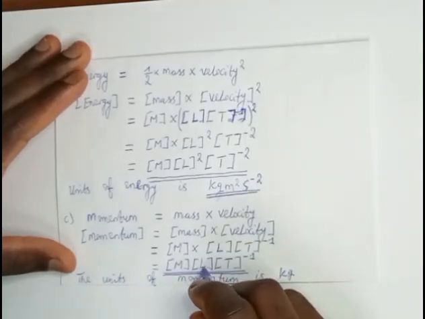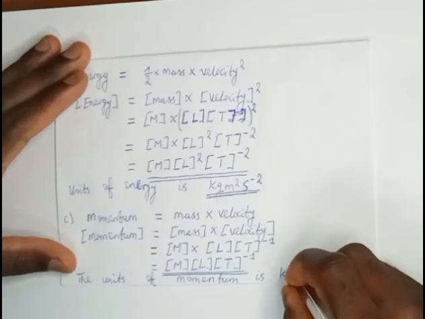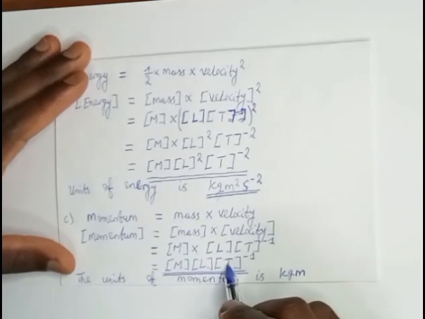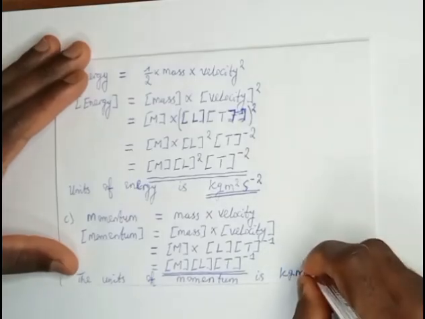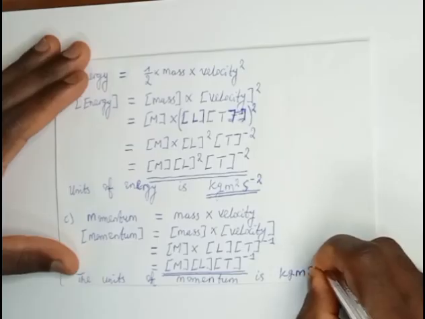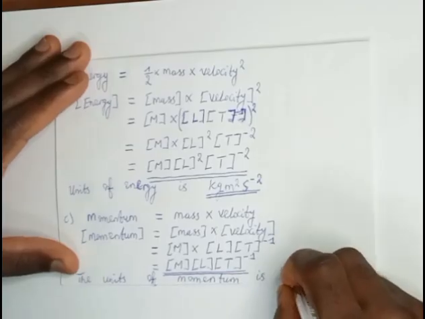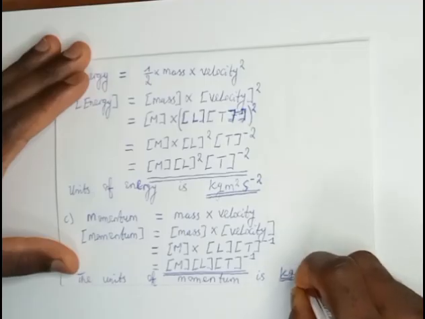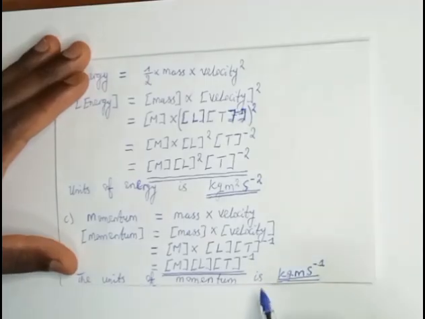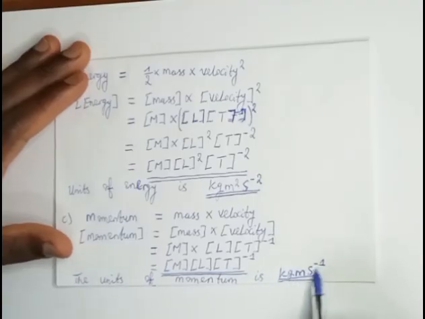We replace L with the unit of length, which is meters. Then we replace T with the unit of time, which is seconds to the power -1. Therefore, the units of momentum is kilogram meters per second.